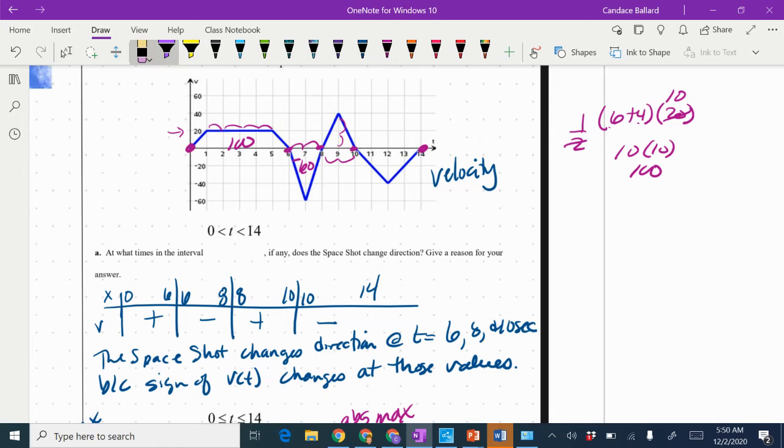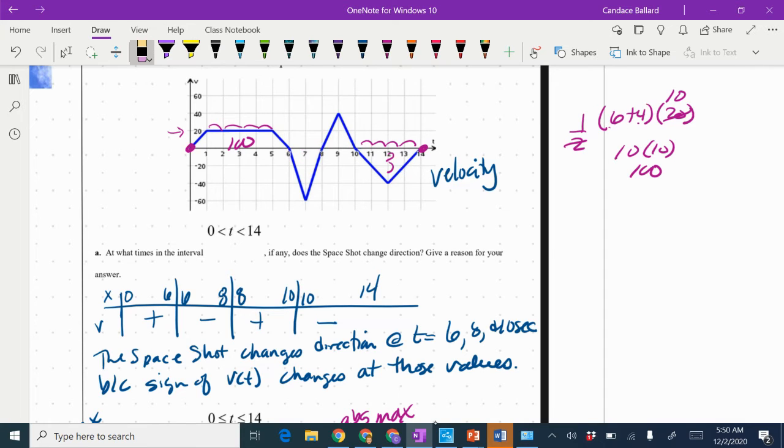So 2 times 20 is 40. And then 1, 2, 3, 4. So a base of 4 and a height of 40 again. I think I messed that one up, didn't I? I'm going to go back and recalculate these again.